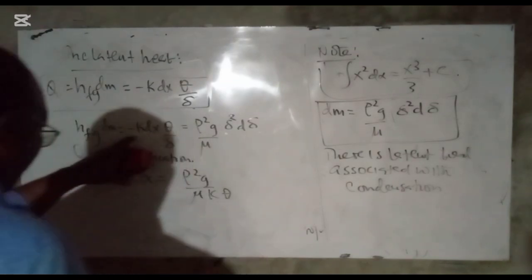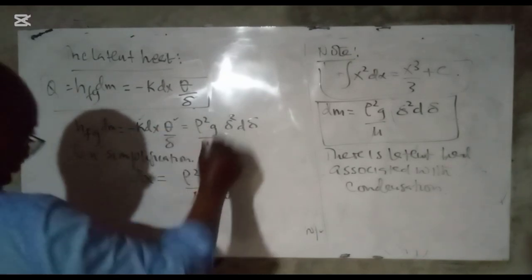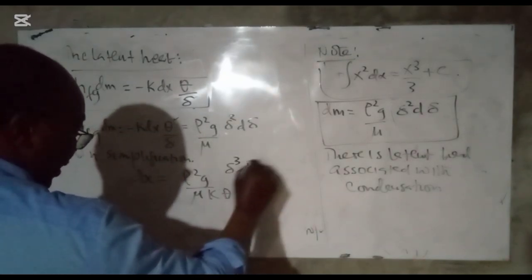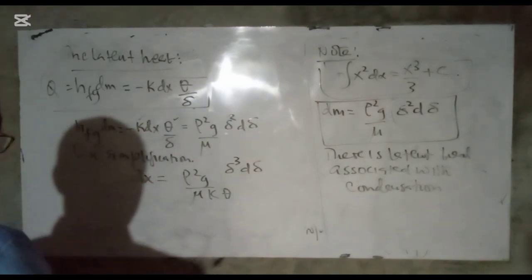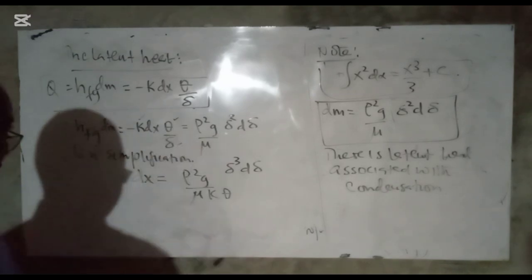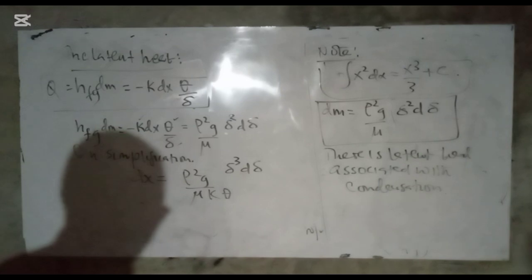And what have we done? We have sorted that out, sigma cubed d sigma. We have sorted out basically everything: theta, k, and sigma. So what we have is these quantities.